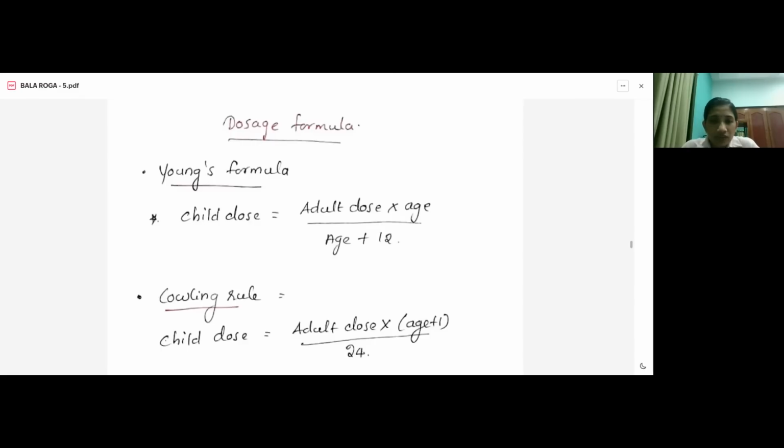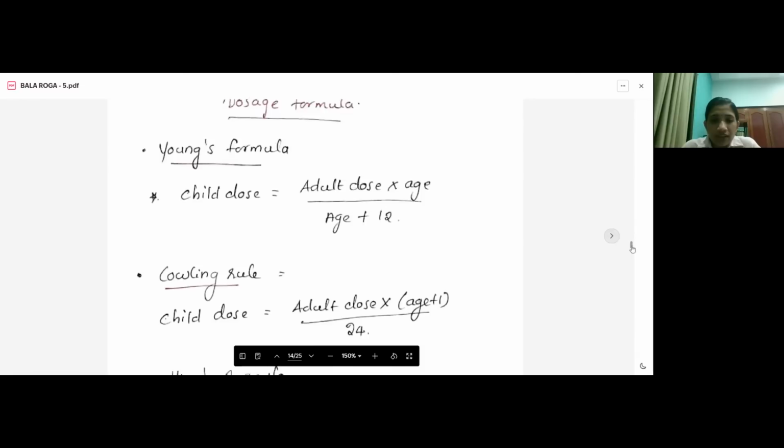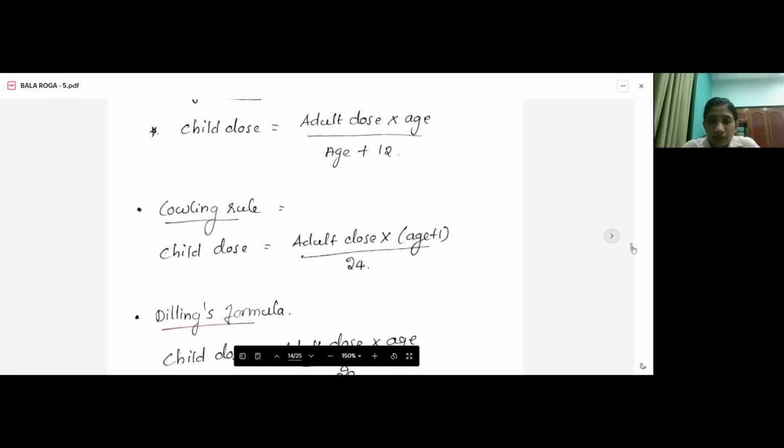The child dose is given as adult dose into age by age plus 12. And Cowling's rule: the child dose is given as adult dose into age plus 1 by 24. The next one is Dilling's formula. Here the child dose is calculated as the adult dose into age divided by 20.